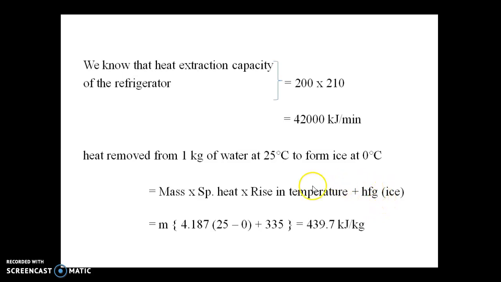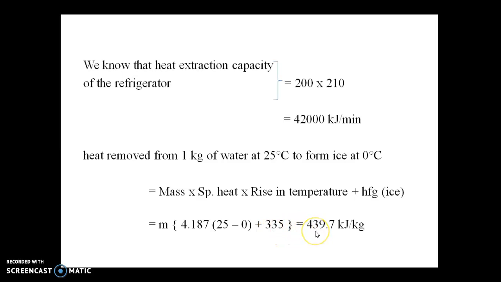So this much amount of heat we must remove from water to convert water into ice. So this is the mass of water, specific heat of water 4.187 kilojoule per kilogram, temperature rise 25 minus 0 degrees Celsius, plus latent heat per kilogram.